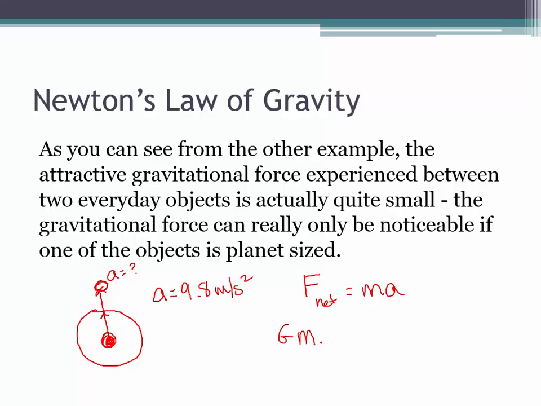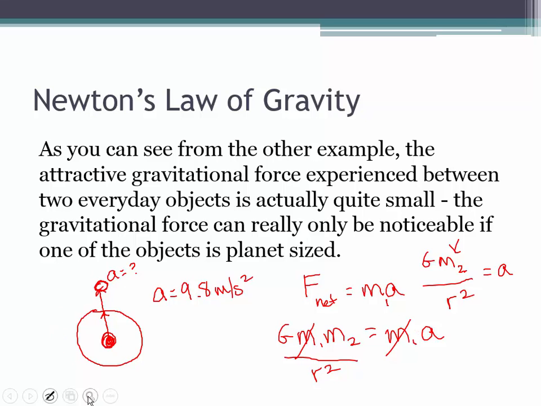So G m1 m2, and we'll say that's m1, over r squared equals m1 a. So I've got m1s on both sides, and then my acceleration just becomes G m2 over r squared equals a, where m2 is the mass of the planet, or the mass of the object that the satellite is orbiting around.